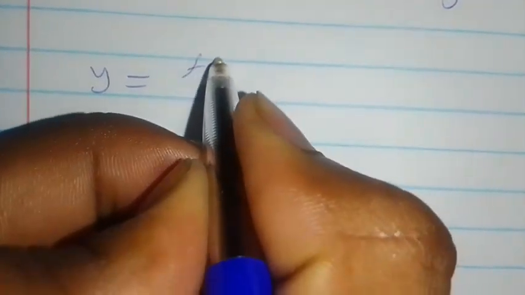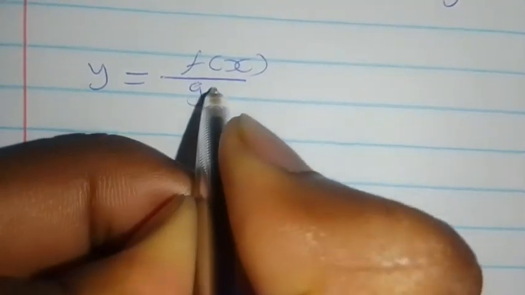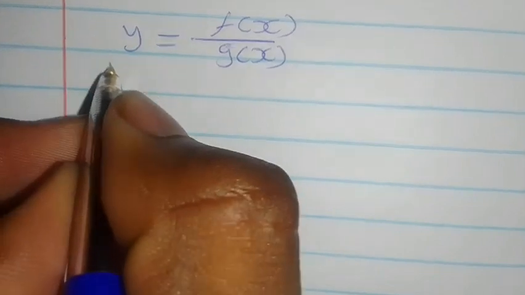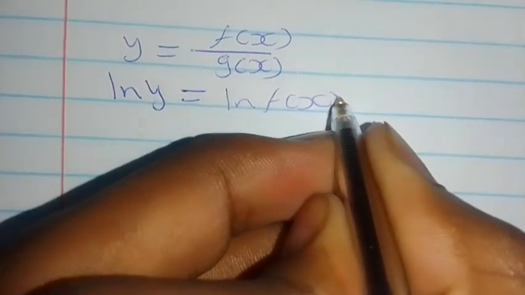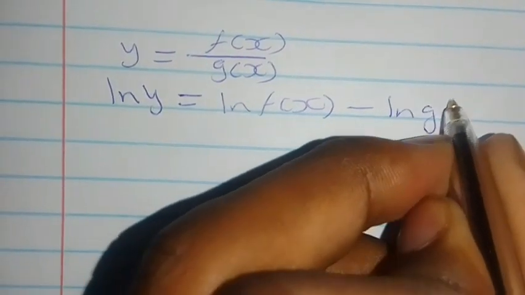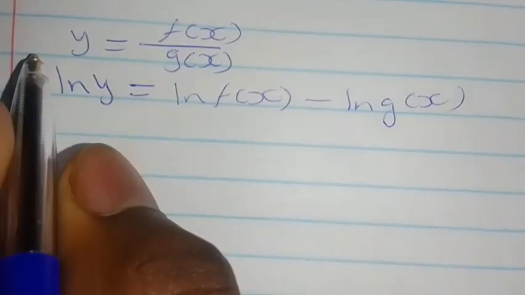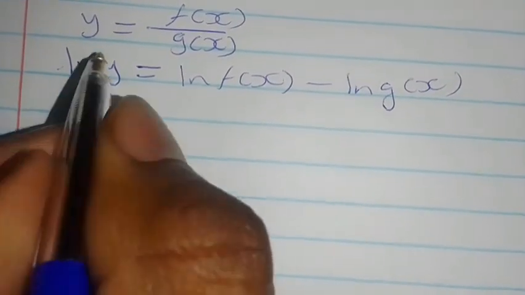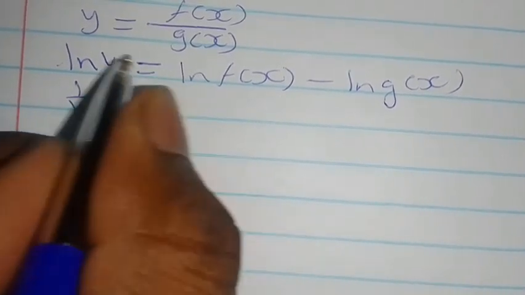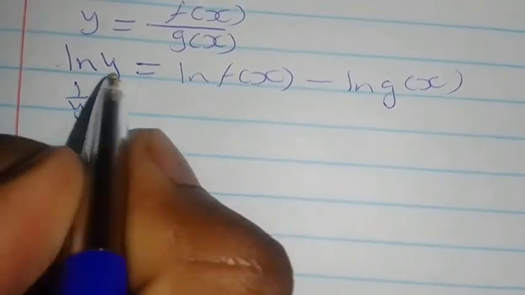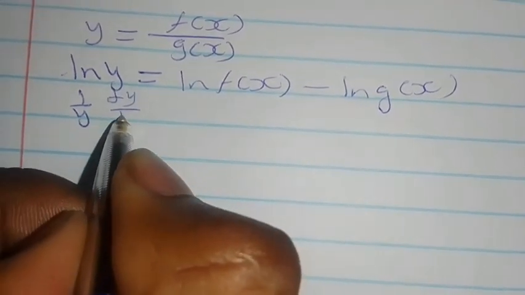Now let's say I have y equals f of x divided by g of x. From this I know that the natural log of y is the same as the natural log of f of x minus the natural log of g of x. Then from then I can derive and say that this is the same as 1 over y, dy over dx.